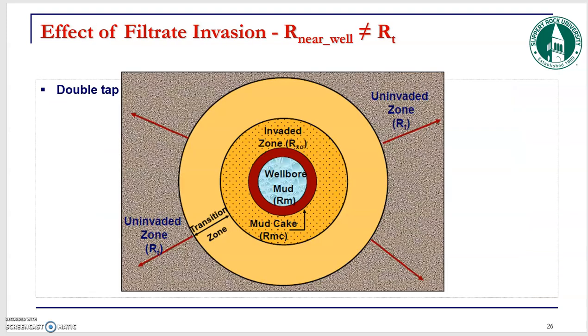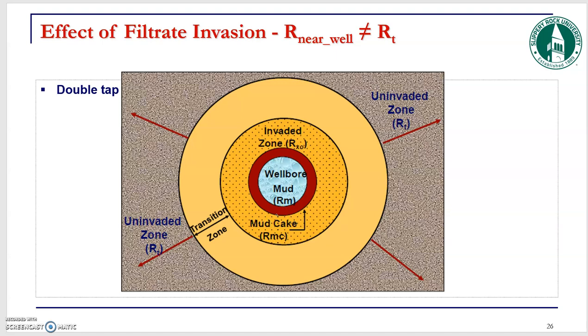Okay, so if you look at this picture on this slide, you can see that this is a top view of your wellbore, and drilling mud is inside, and then there is a mud cake formed around your wellbore. If you send the logging tools into the wellbore and measure the resistivity of the vicinity of your wellbore, the resistivity that you measure is basically mud cake resistivity, and we show it with RMC.